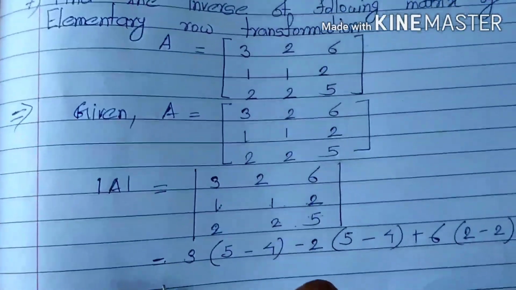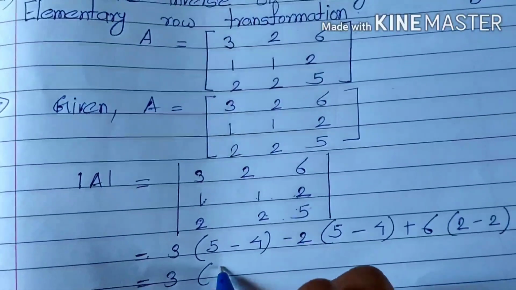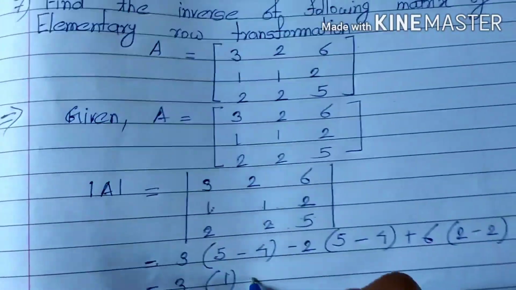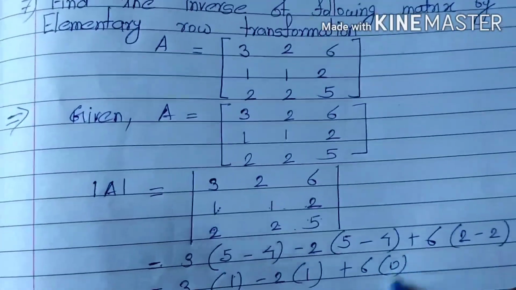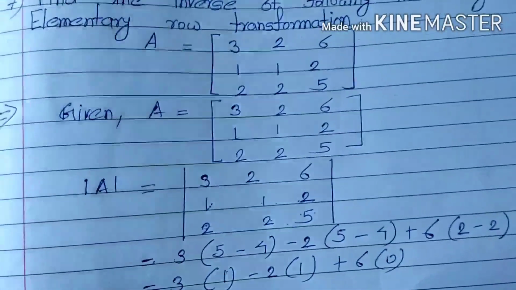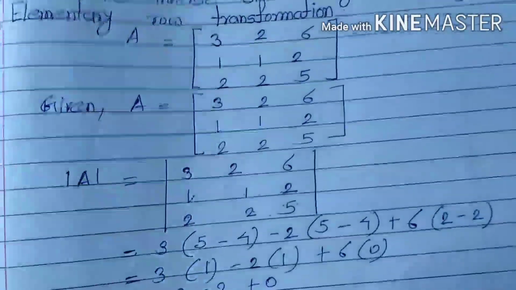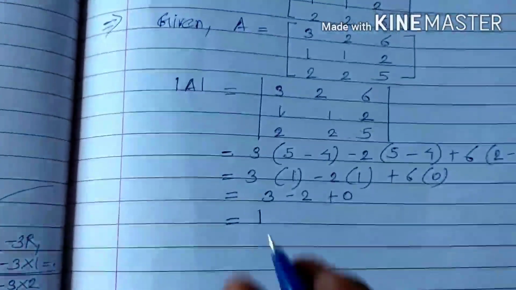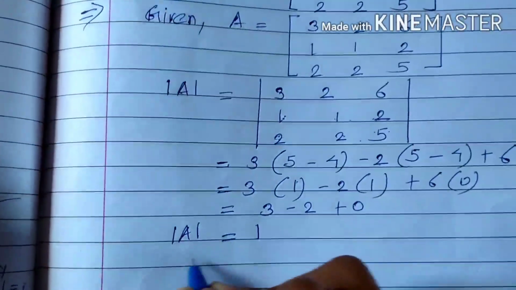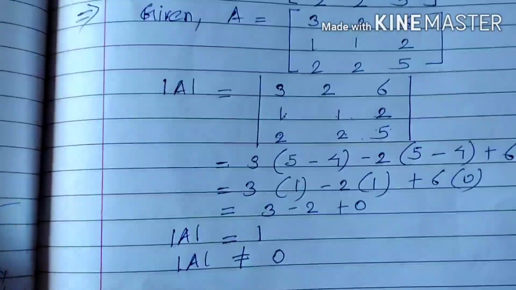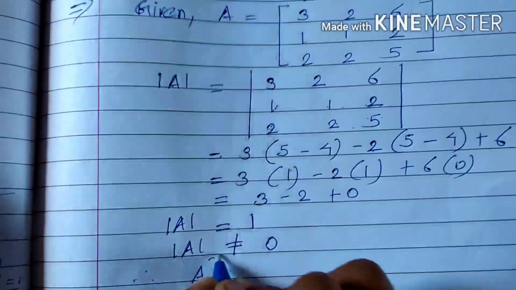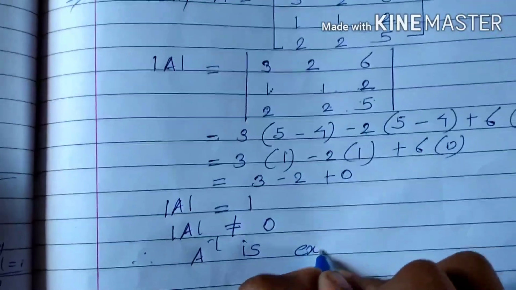So 3 into (5 minus 4), minus 2 into (5 minus 4), plus 6 into 0. So answer is 3 minus 2 plus 0 is equal to 1. Determinant of A is equal to 1 means determinant of A is not equal to 0. Therefore A inverse exists.